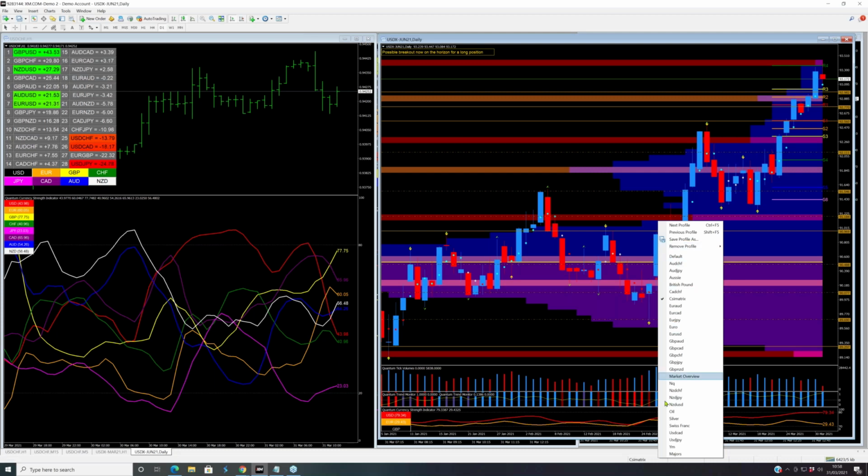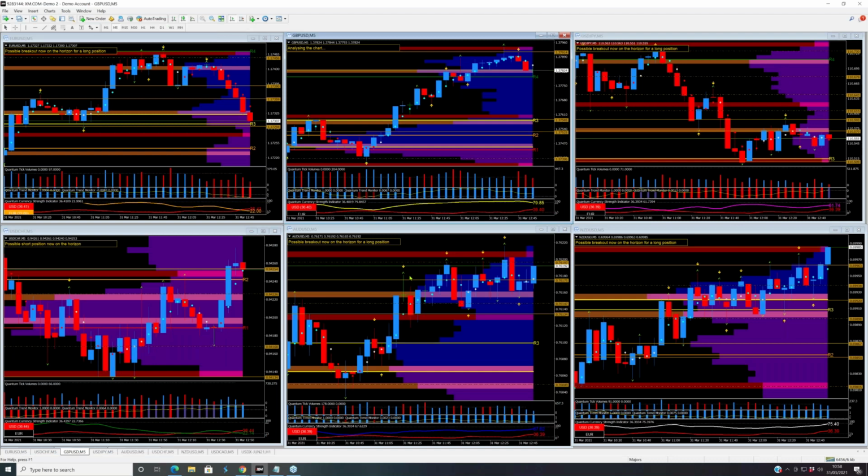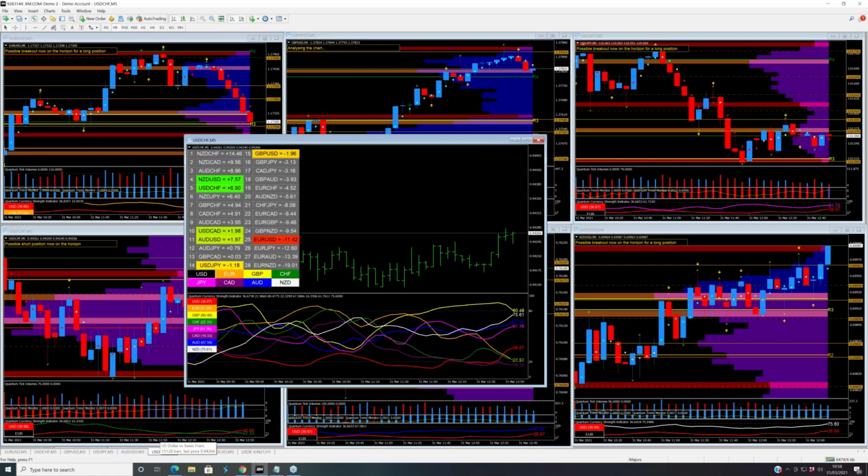What I actually did very quickly, rather than flick around different profiles, oh, here we are. I created a profile just called the majors, just to give you a much better sense of these flows into the dollar across the different pairs. The flows are not equal, as we can see from the lines of the CSI, and the CSI is a very powerful indicator.